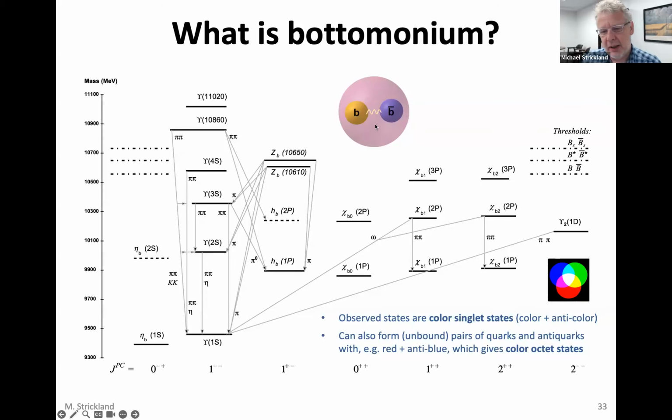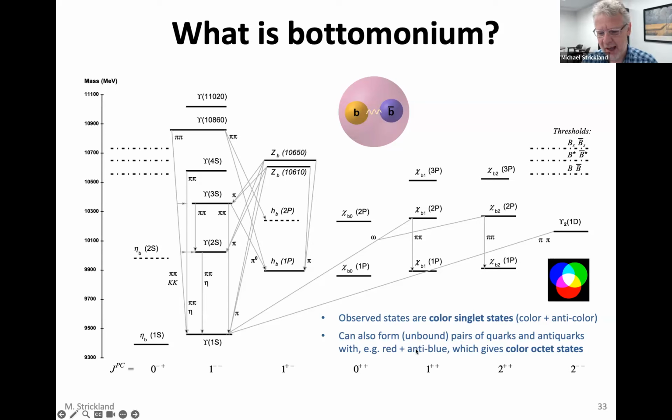All right, so another bit of lingo that I have to introduce for students who may not be aware, normally these observed states are color singlets, right? So the upsilon-1s has a color and anti-color quark stuck together so that it's a colorless hadron. That means it can be observed physically. But for some short amount of time, you can also form unbound pairs of quarks and anti-quarks.